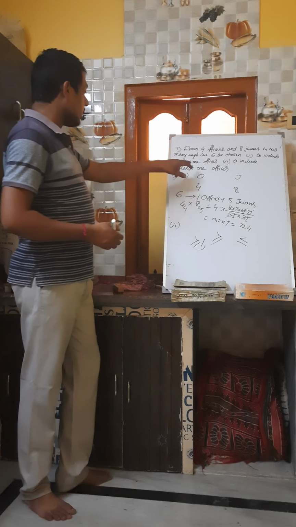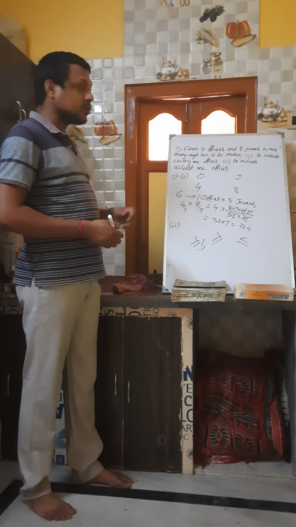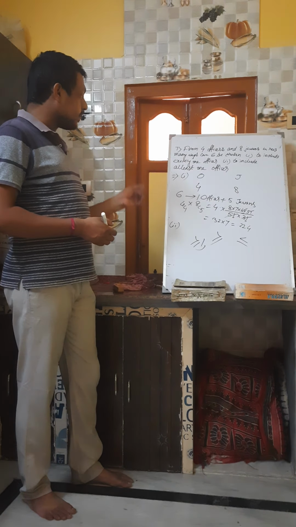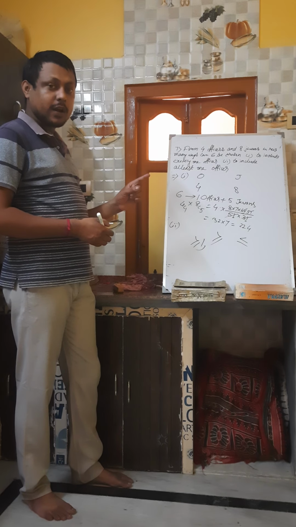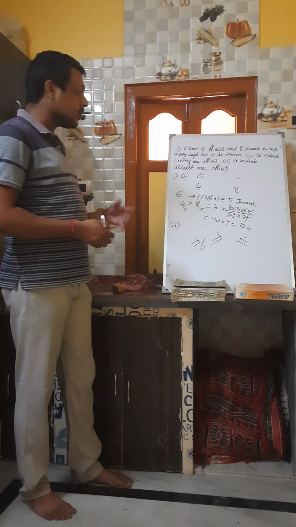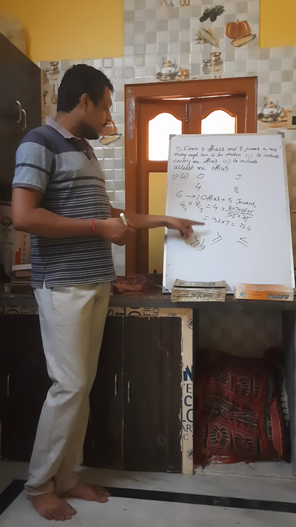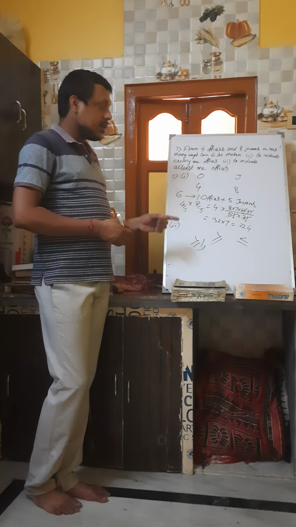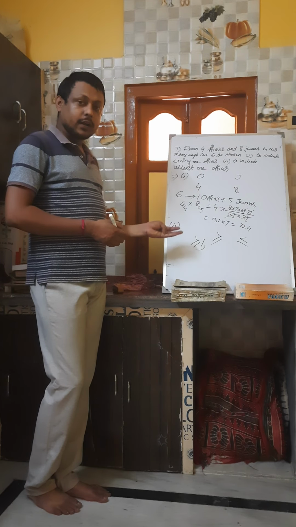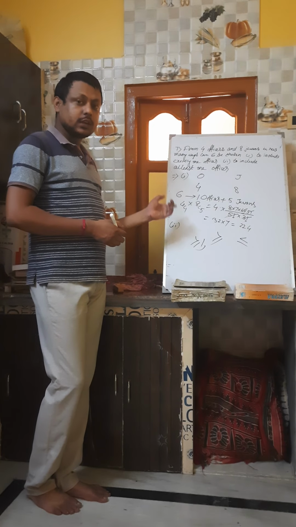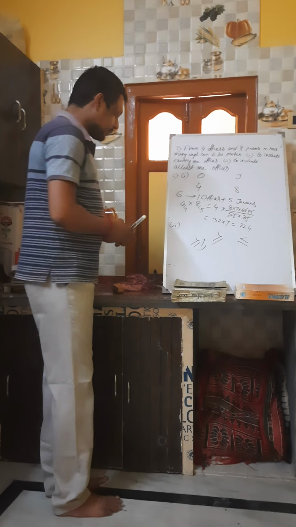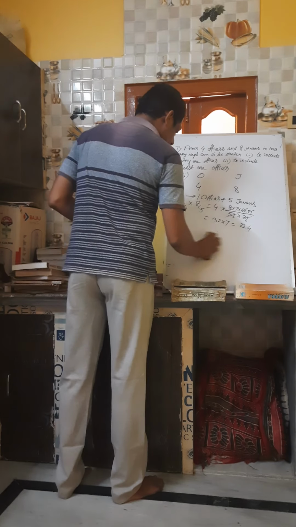Now if it is given to include at most 1 officer, then if there is an officer the number will be 1, and maybe there will be no officer. But in case of at least 1 officer, the number of officers can be 1 or 2 or 3 or 4. Now look at the conditions.